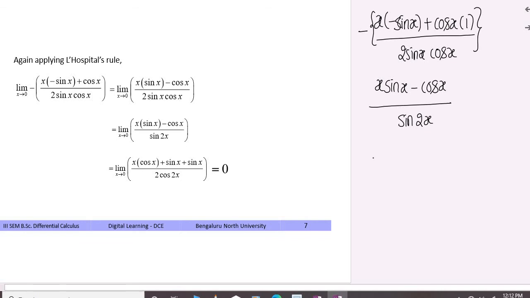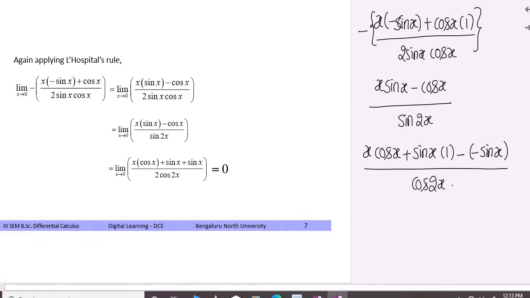Again differentiate with respect to x, numerator and denominator separately. So x into sin x differentiation is cos x plus sin x into x differentiation, which is 1, minus cos x differentiation is minus sin x, divided by sin 2x differentiation, which is cos 2x. 2x differentiation is 2.